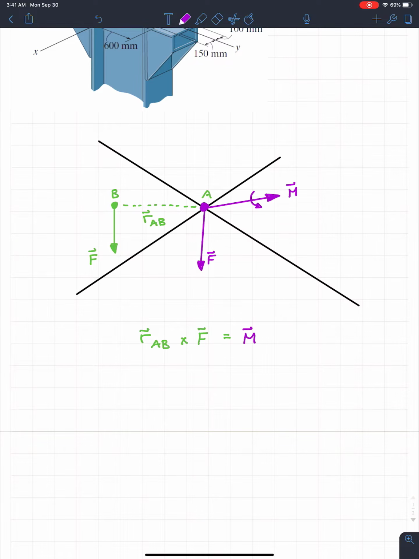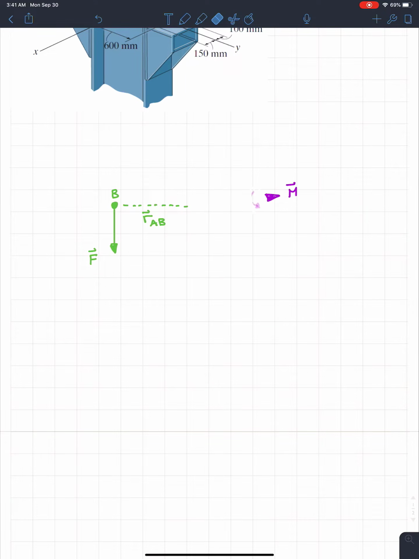So we're just taking this a step further by moving our force vector to eliminate that moment vector. The process is very similar to before, where the first steps we're going to do exactly the same.